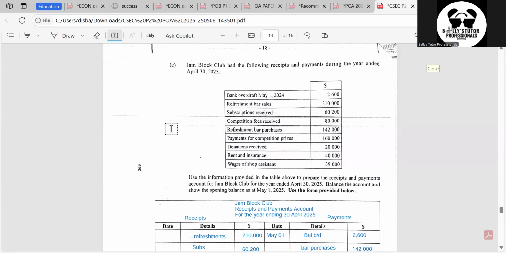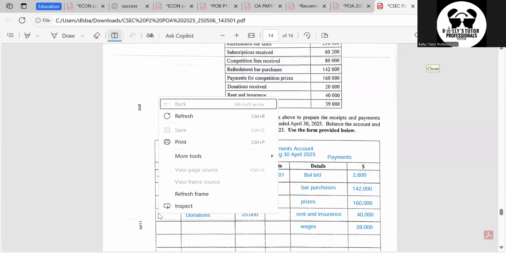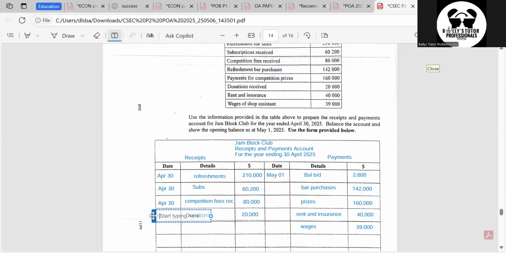Wages of shop assistant, money is spent, credit. So I put those in already, so we don't have to waste our time doing that part because we know how to do it already. We get money, a debit; spend money, a credit. This will be 2024.